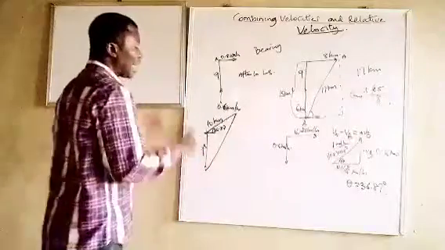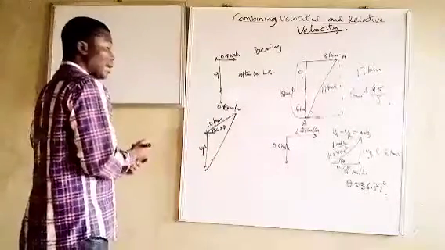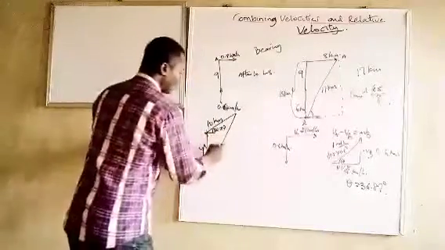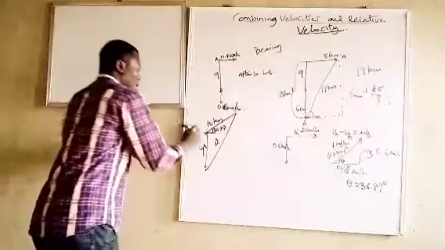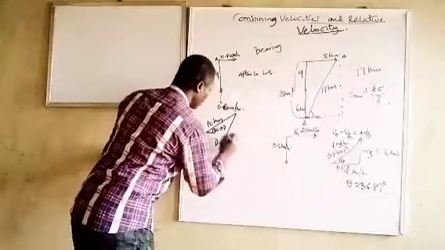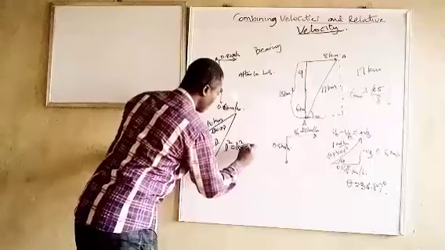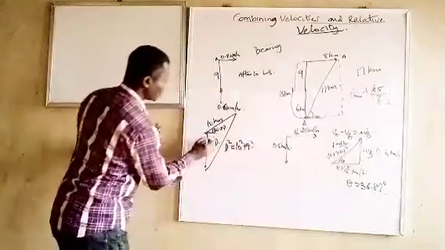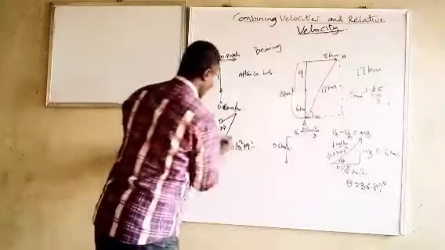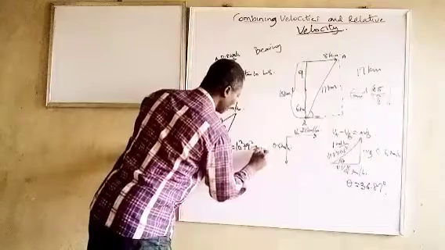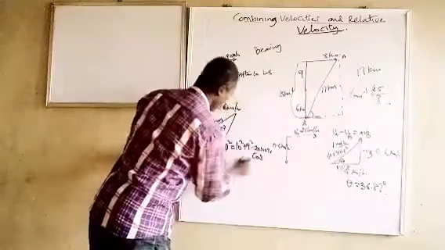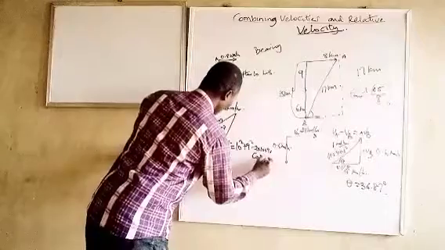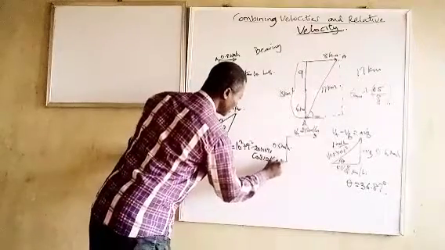Let us now use our cosine rule to get this distance. Please, I hope you are following. So this square is equal to 10 square plus 9 square minus 2 times 10 times 9 times cos 126.87.